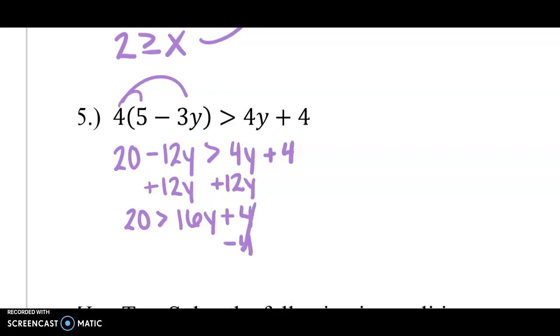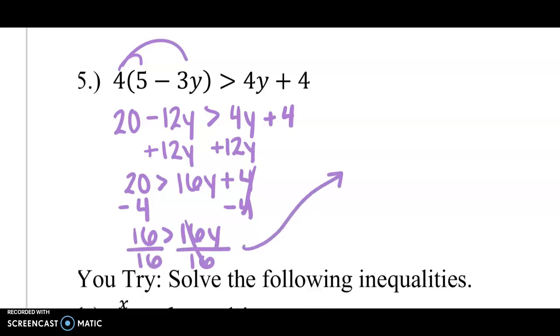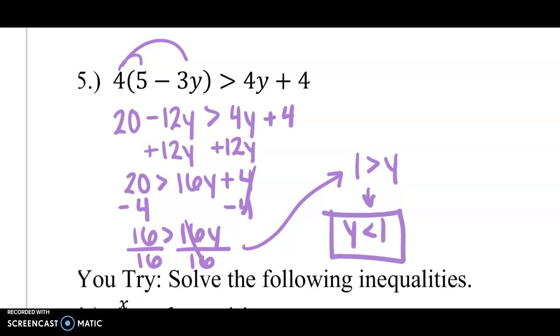I want to then subtract 4 from both sides, and I'm left with 16 is greater than 16y. Divide both sides by 16, and I get 1 is greater than y. But remember, we don't like the variable on the right. So I'm going to flip it, so y is now less than 1.